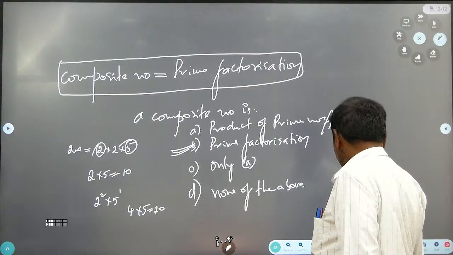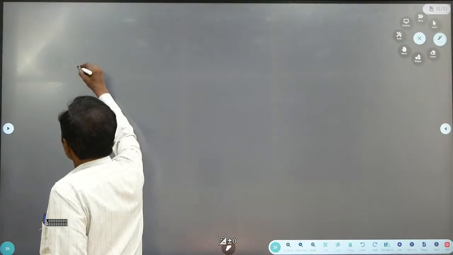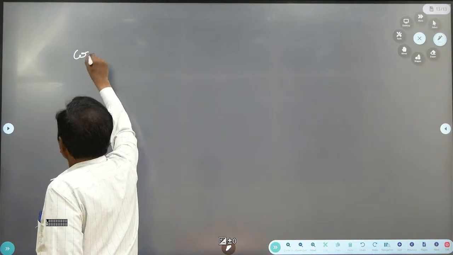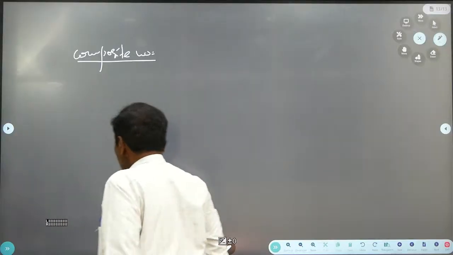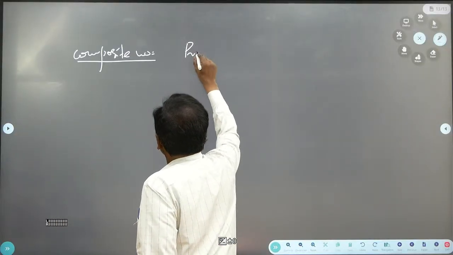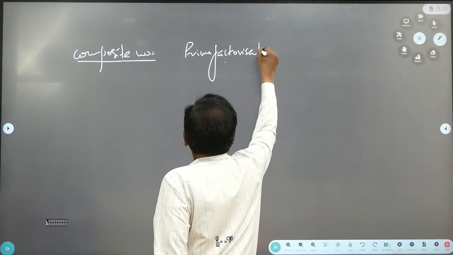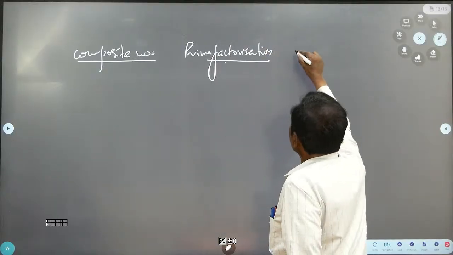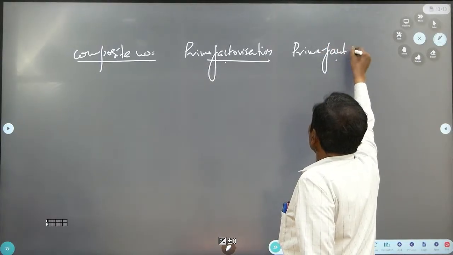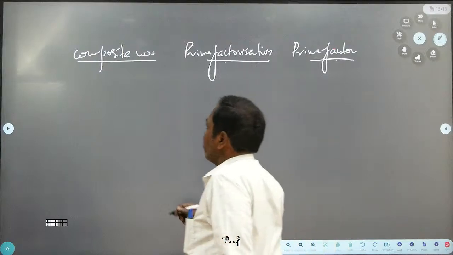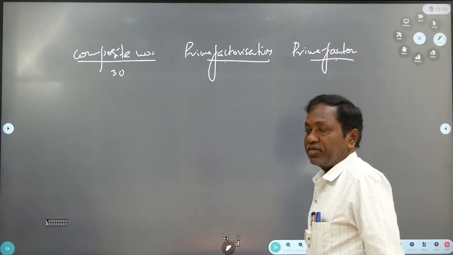Right. Let us see some examples of it. I will write composite numbers, prime factorization, and prime factors, and write for 30 now.